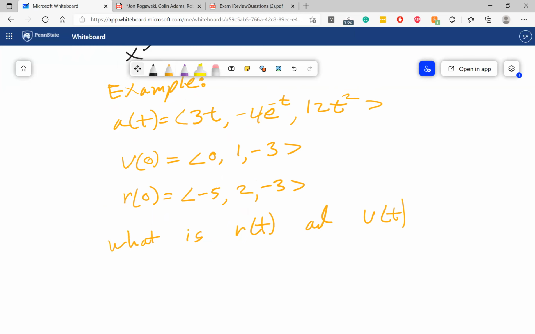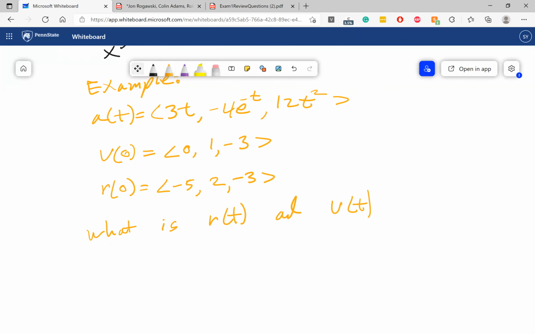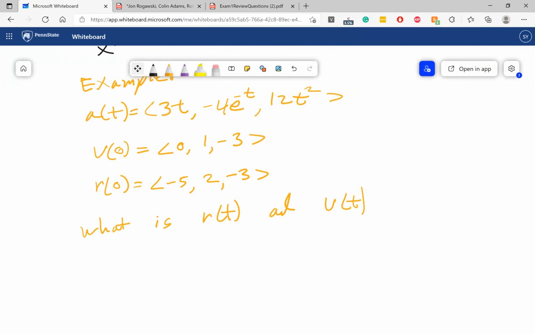And the way you do this is fairly straightforward. Your velocity v of t is going to be the antiderivative of your acceleration, right?